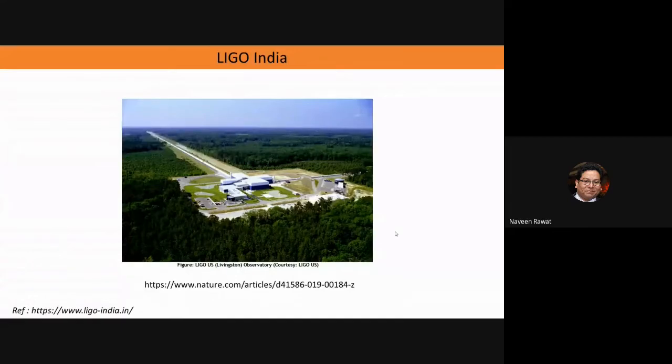This project was just approved last year, and it is going to be built in Maharashtra. What you're seeing here is the LIGO observatory in the US, and it is going to be built along the same principle, where we will use it for detection of gravitational waves.